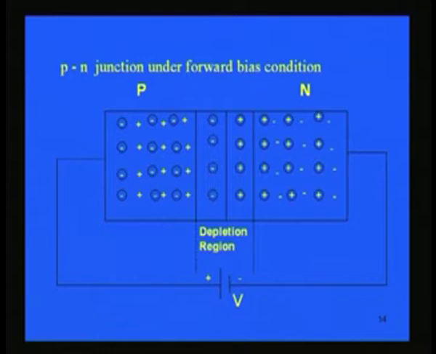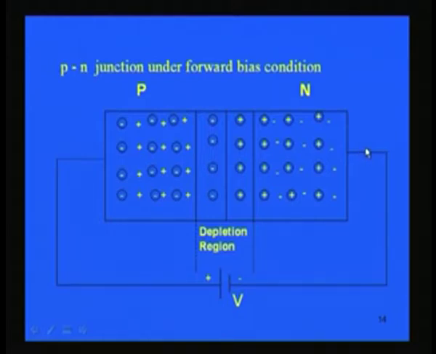Now, what will happen if we connect a voltage with positive polarity to the P side and negative of the voltage to N? This particular biasing is known as forward bias condition.